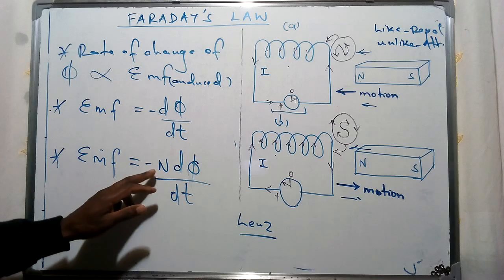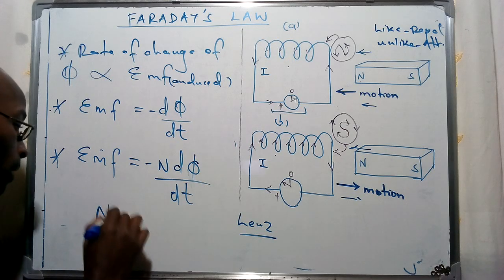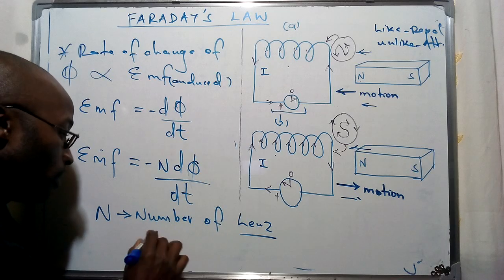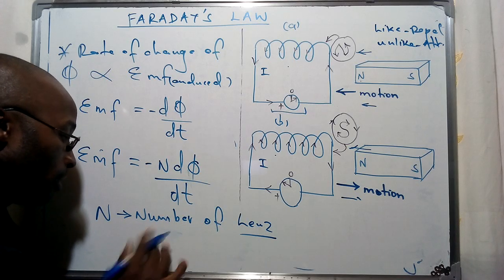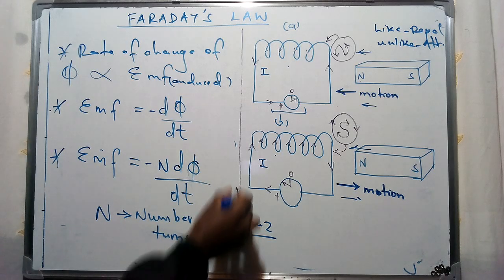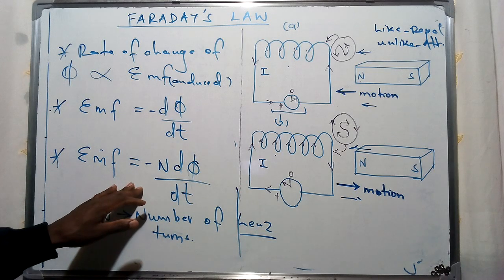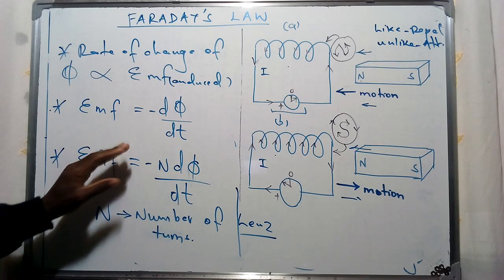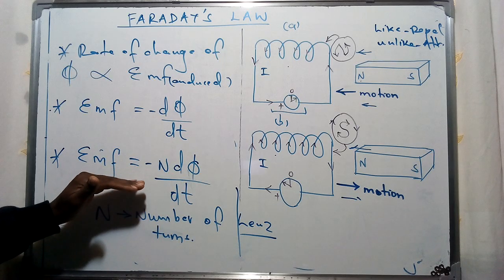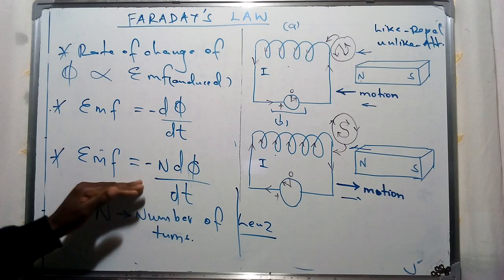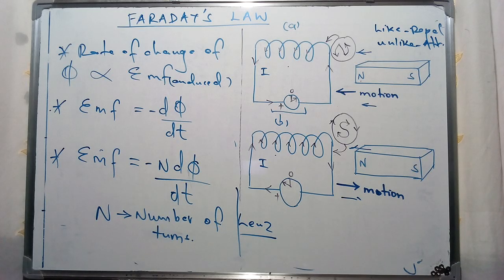So I've introduced a value of N, whereby N implies the number of turns in this particular coil under consideration. And we see that this depends on the rate of change: the faster the change of magnetic flux, the larger the induced electromotive force.